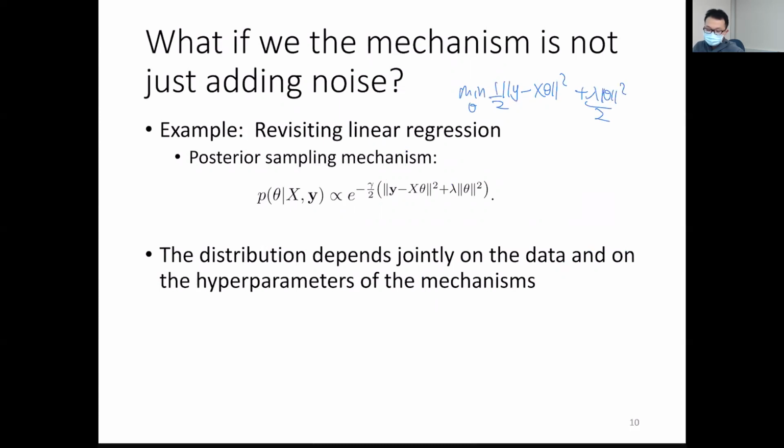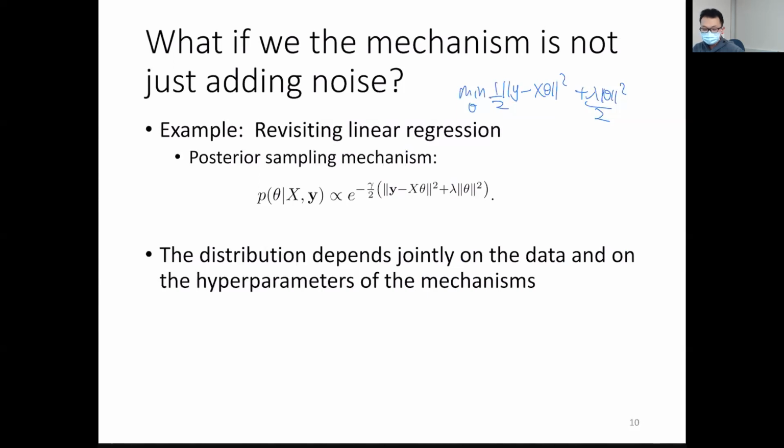So the one particular mechanism that we talked about earlier from Minami et al. is to introduce this additional regularization and also scale the distribution of this posterior sampling mechanism. So this is a mechanism parameterized with two hyperparameters, lambda and gamma.